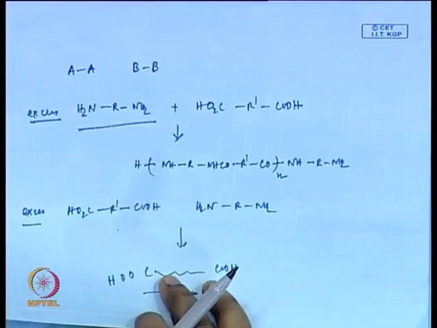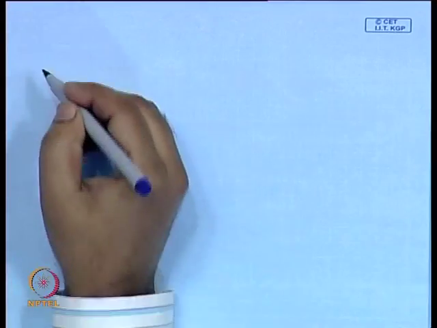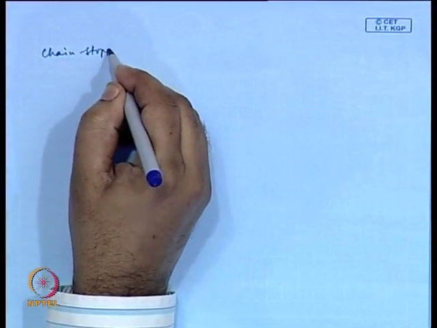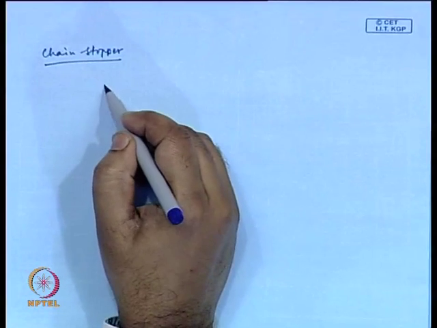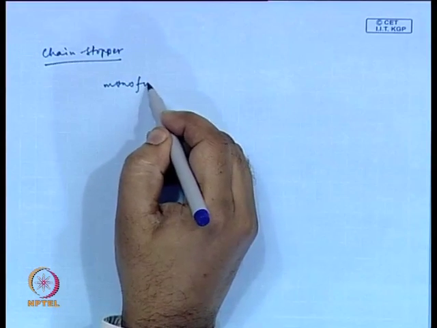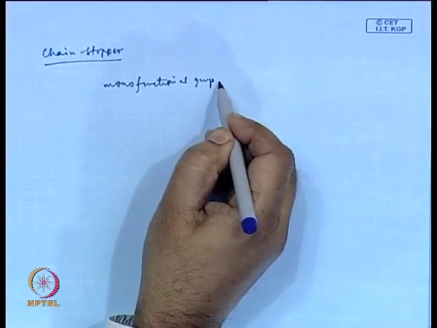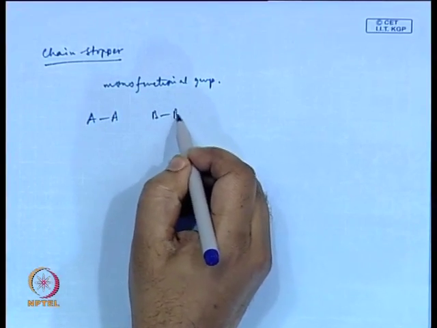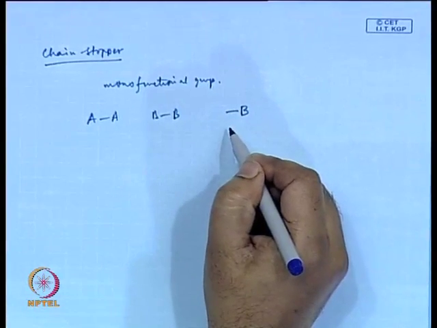Another strategy is to take a chain stopper. Chain stopper molecules are molecules having a monofunctional group. So, instead of taking A plus BB, you take just B in excess.